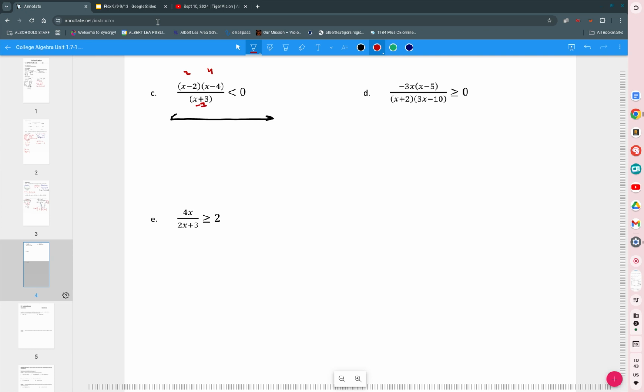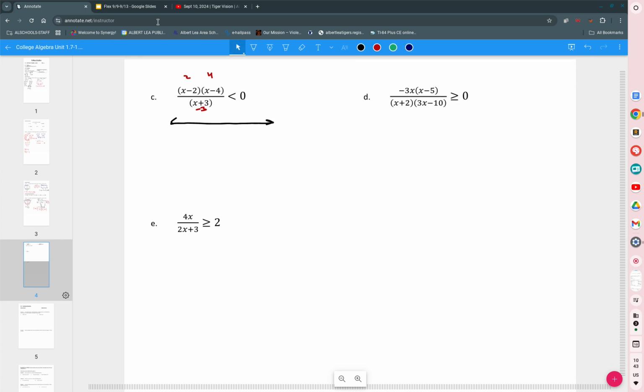Anywhere where the top or the bottom makes 0. When I do that, for me anyways, you might choose to do differently, I like to put the numbers on top of the number line. And you'll see why.